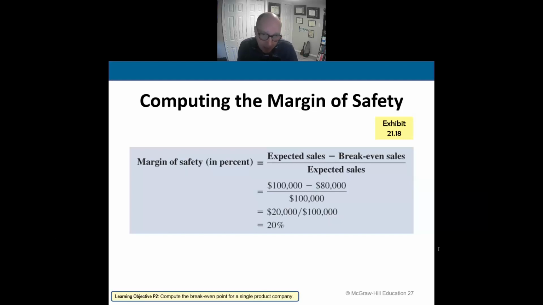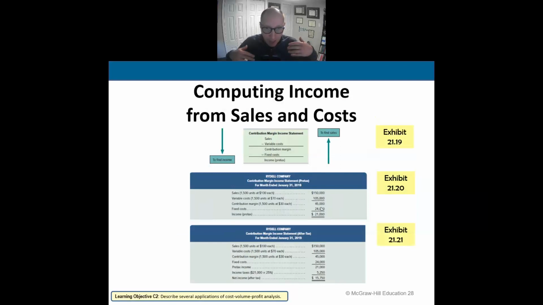That gets me 20,000 divided by 100,000, which is 20%. My margin of safety is 20%. That's how much I need to sell, a 20% margin of safety, to feel good about covering all of my expenses, my costs.